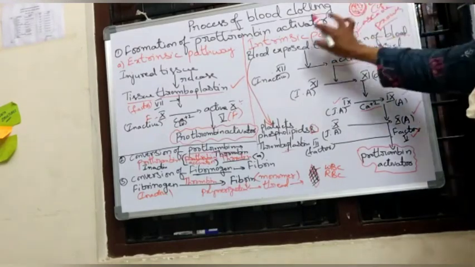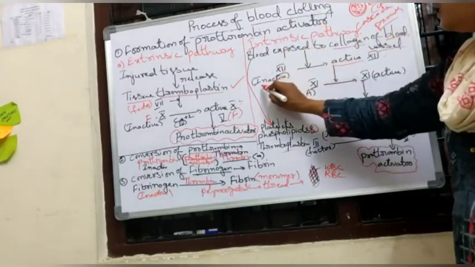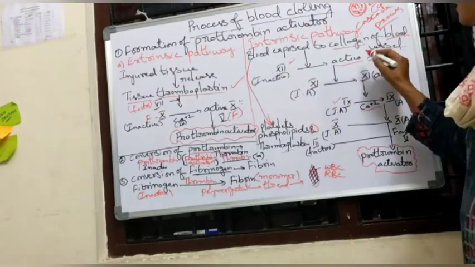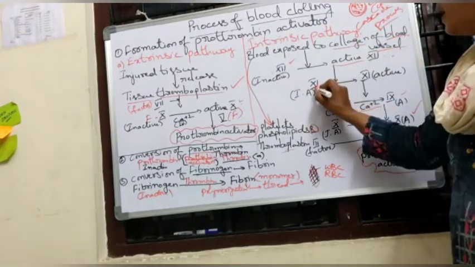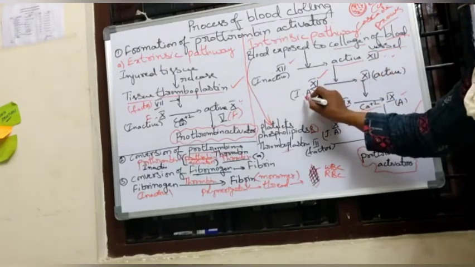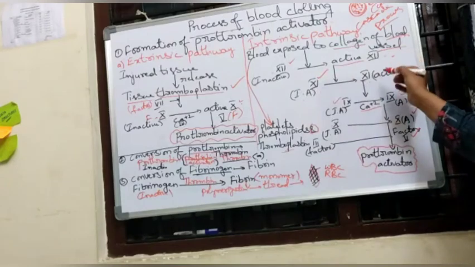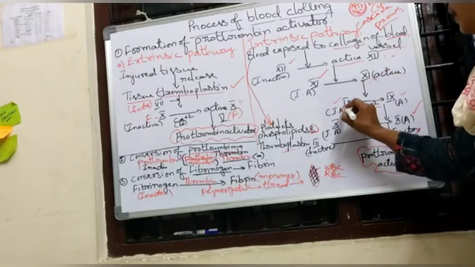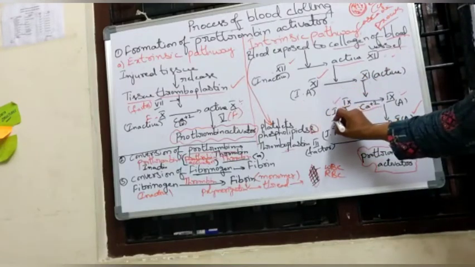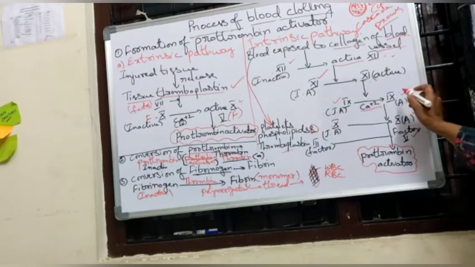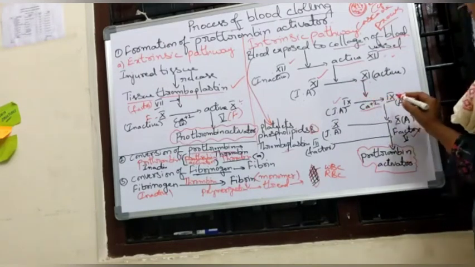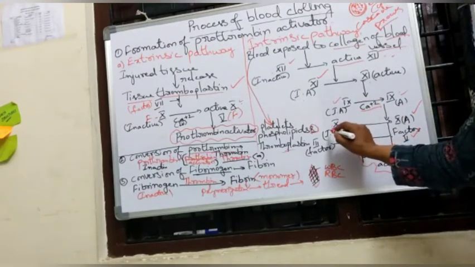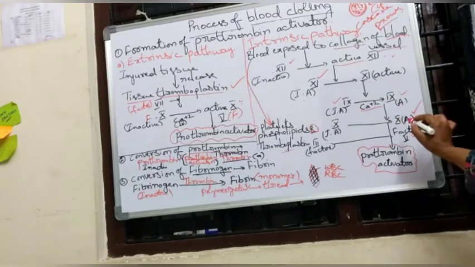When this happens, the inactive 12th factor becomes the active 12th factor, and this active 12th factor converts the inactive 11th factor into the active 11th factor. The active factor 11 converts the inactive 9th factor into the active 9th factor in the presence of calcium ions, and this factor 9 converts the inactive 10th factor into the active 10th factor.